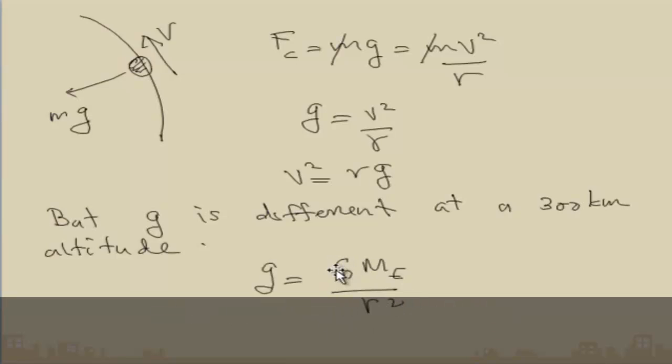This big G is a constant, Me is the mass of the Earth, and r is the distance between the center of mass of the Earth and the center of mass of the object.